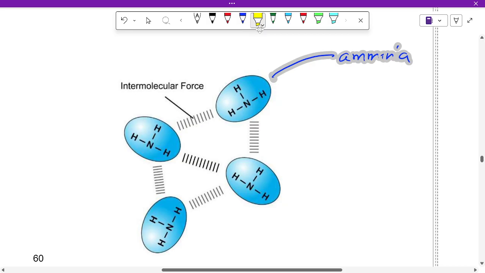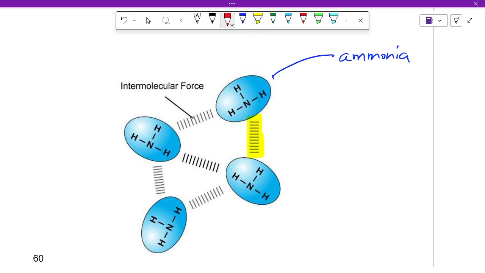And this bit right here, that is our weak IMF. Those little lines in the NH3, those are strong covalent bonds.